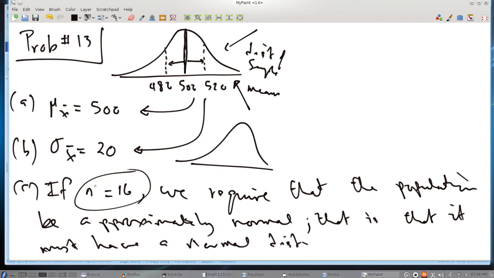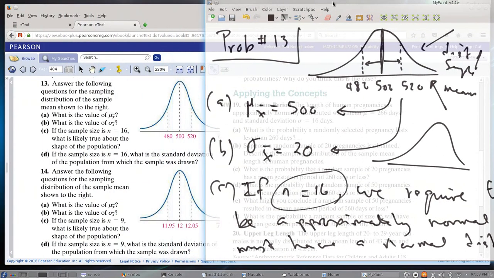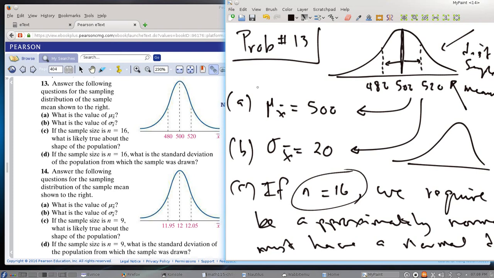And this answer can be taken from the two statements that I mentioned earlier. Now let's go to the next part. If the sample size is 16, what is the standard deviation of the population from which the sample was drawn? So we are given the distribution of the sample.